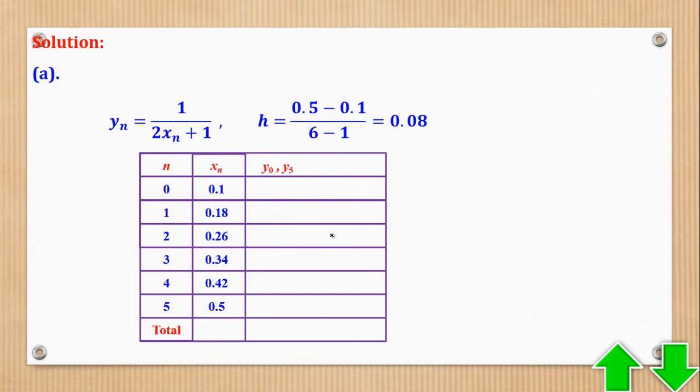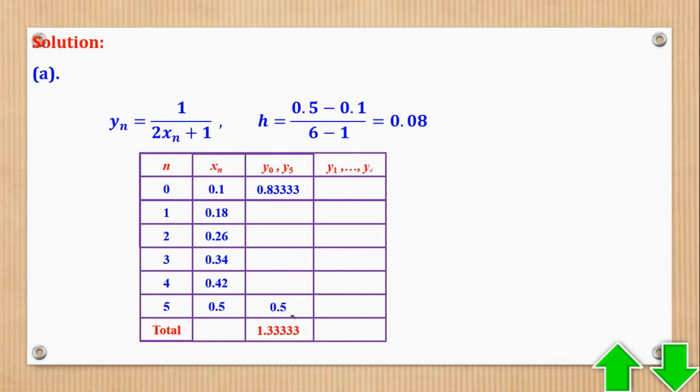So let's first deal with the extreme ordinates. This one is got by substituting x here to come up with this value of y. Then when I substitute this x here, I'll come up with 0.5. Then for this total, I have to add this with this to come up with that.